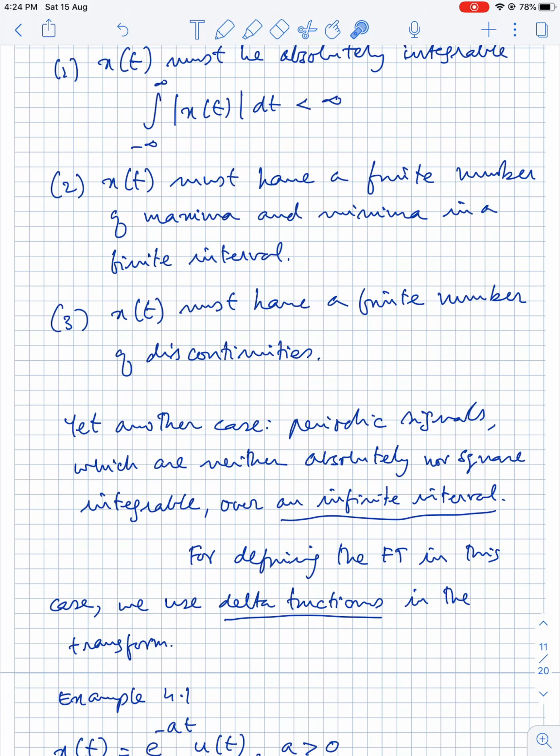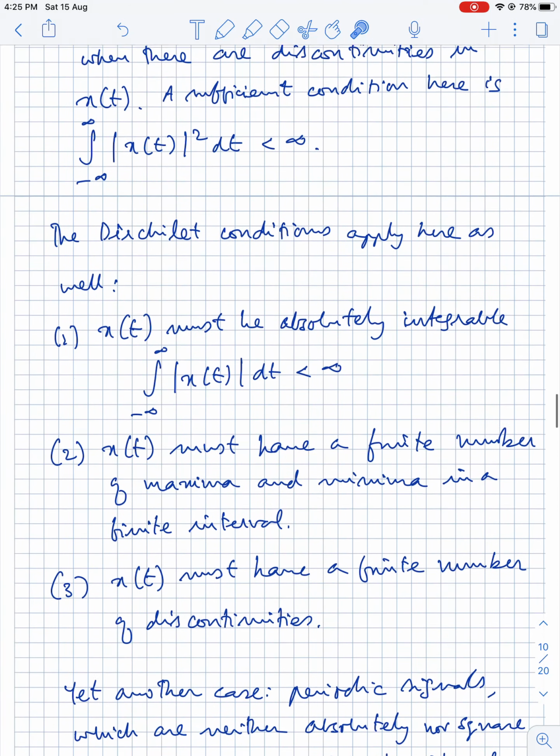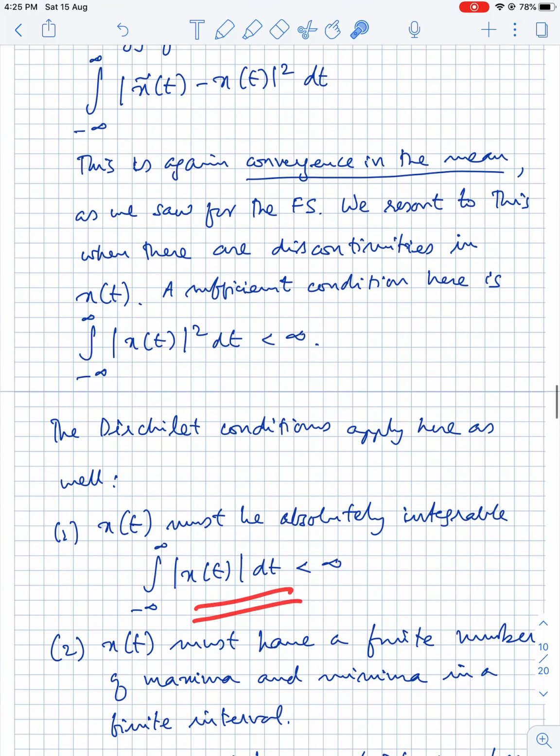If you want to analyze the sinusoid over the entire infinite interval between minus infinity and plus infinity, we cannot apply the Fourier series or Fourier transform directly, because a sinusoid like this is neither square integrable nor absolutely integrable. So neither of these conditions is satisfied for a periodic signal over an infinite interval.